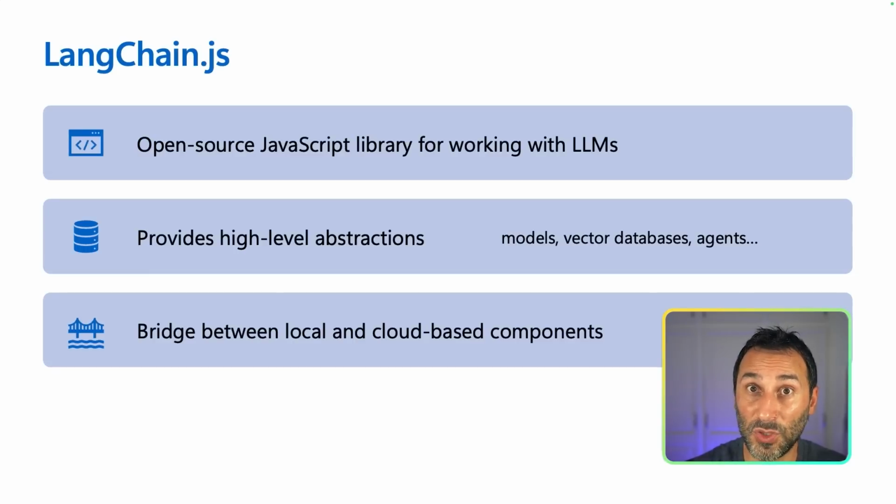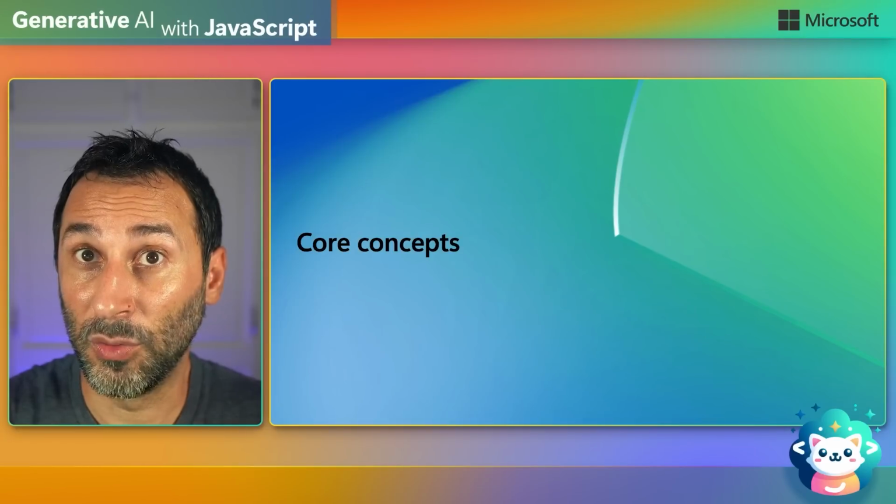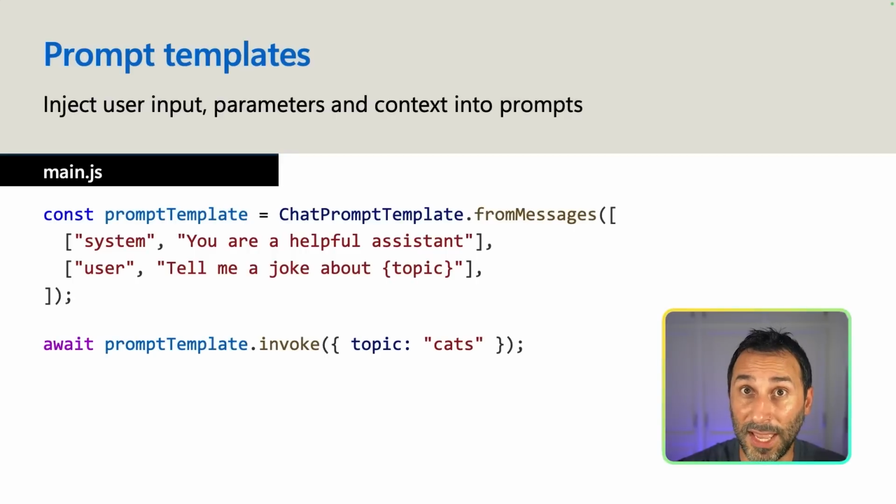It also gives you all the tools that you need to create complex workflows that use your own data, like RAG applications. Now let's take a look at some of the core concepts of the framework. LangChain includes helpers to create prompt templates. It allows you to inject user input and parameters or augment the context of your prompt dynamically.